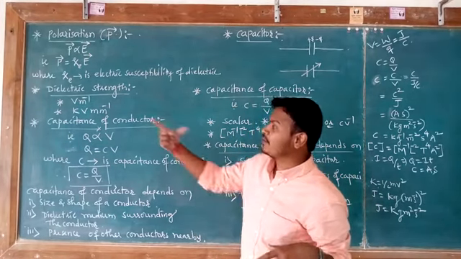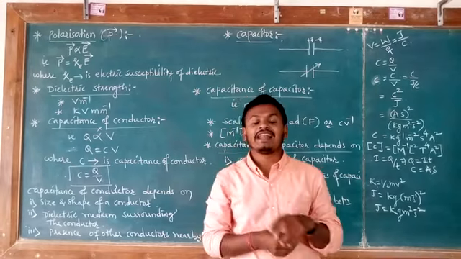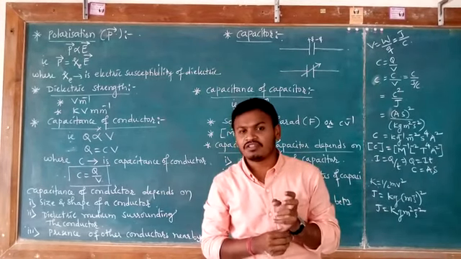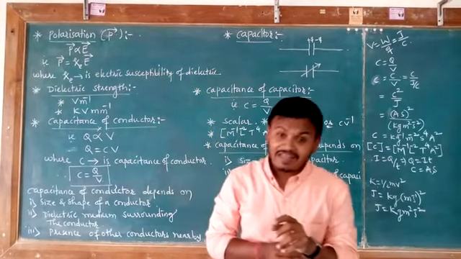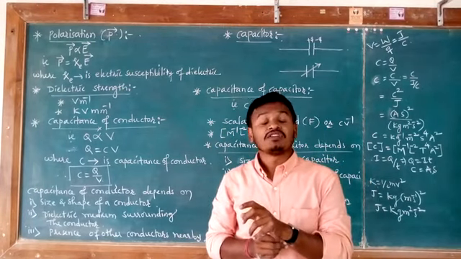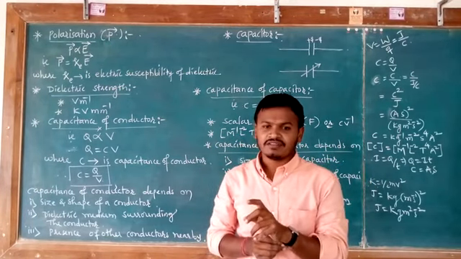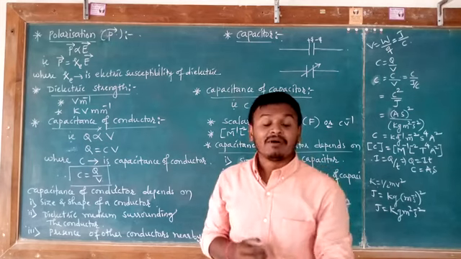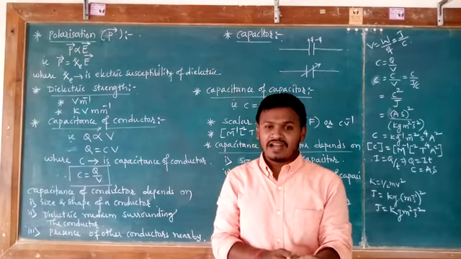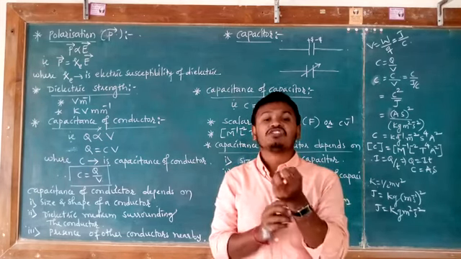And the next parameter from the syllabus is dielectric strength. Dielectric strength means the maximum electric field that can be applied to a dielectric without its breakdown, or the maximum electric field that a dielectric can withstand without breaking its insulating property.